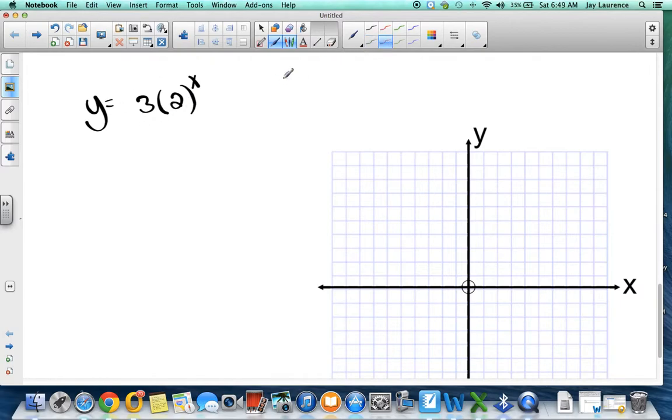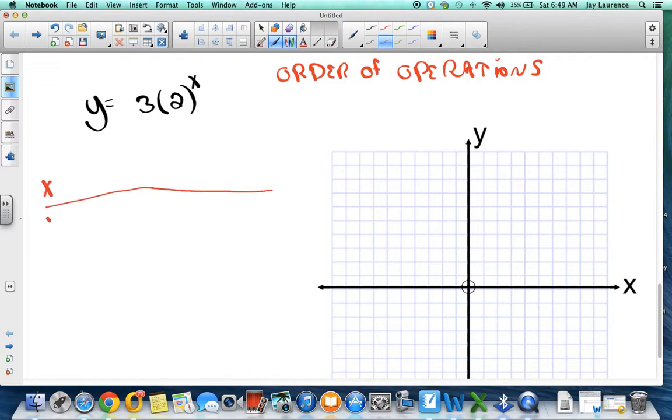All right, now, there's been a lot of talk about problems like this. Remember, order of operations. It's super duper important. I'm still going to go ahead and make my input-output table. I'm still going to identify my asymptote.